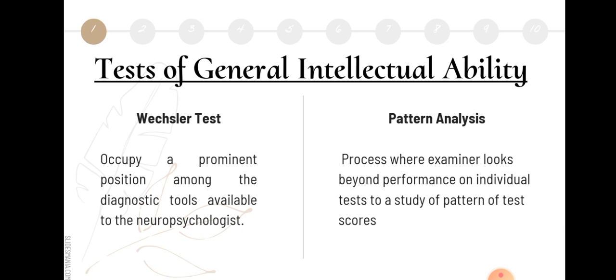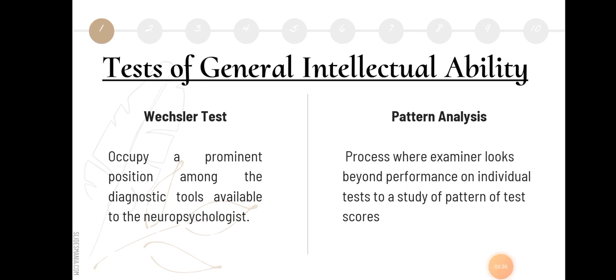Okay, so for example, the test taker has a very low, poor performance on the block design. So block design is a kind of test. But the other subtest is a high score, his verbal subtest. Okay, so this is where pattern analysis comes in.